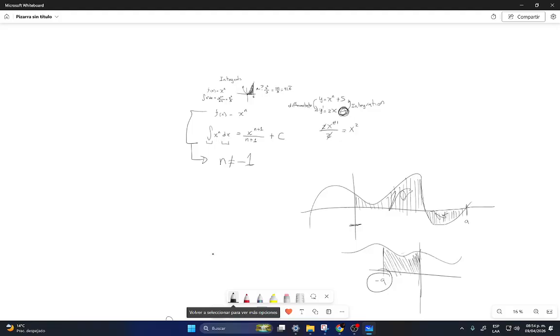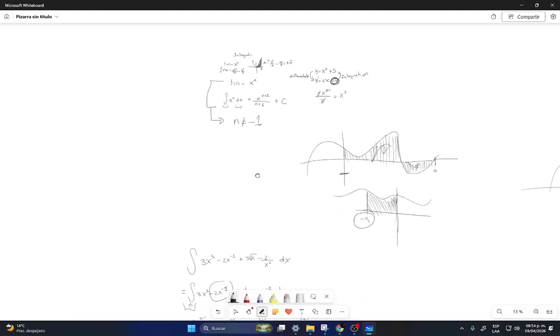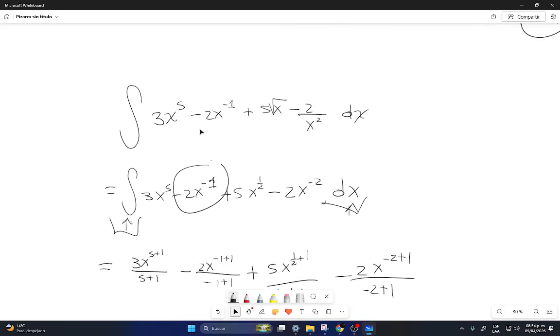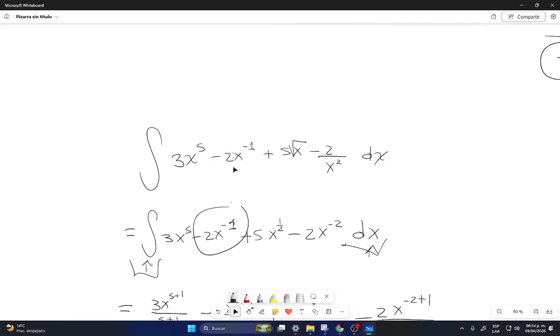So n cannot be negative 1. That's when this doesn't work, because then you will be dividing by 0, which is not possible. Okay, let's change it. Let's make it 3.